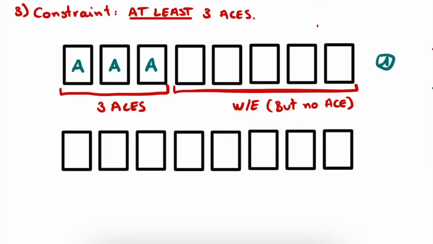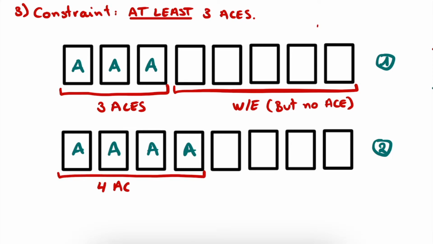However, in this exercise, there is of course another scenario, because we know that there are in total 4 aces, and if we have to count all of the combinations with at least 3 aces, this is of course also all of the combinations where there are exactly 4 aces. And this we will call scenario 2, where 4 cards have to be aces, and the remaining 4 cards can be whatever, however they cannot be an ace.